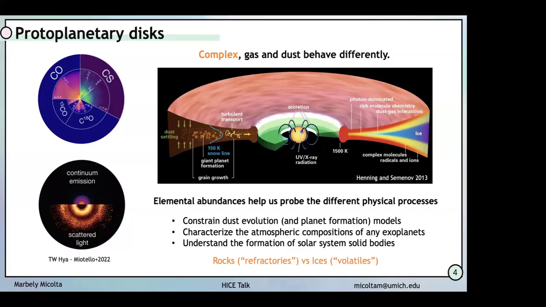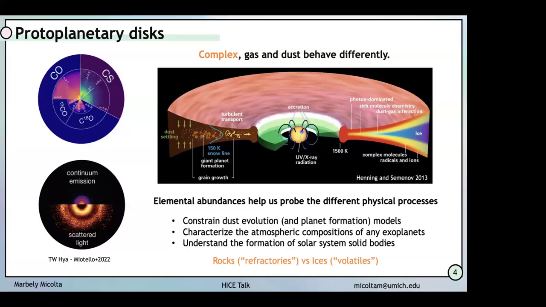Sounds way simpler than it is, but with this we hope to constrain dust evolution and planet formation models so we can have a more informed view of these processes. You can also use it to characterize, hopefully in the future, the atmospheric composition of exoplanets, because we know any planet that forms will inherit the composition of the place it formed in the disk. So that's a very promising prospect in this area.